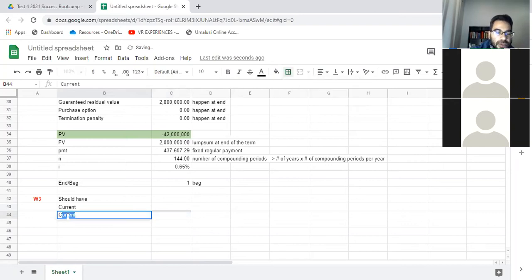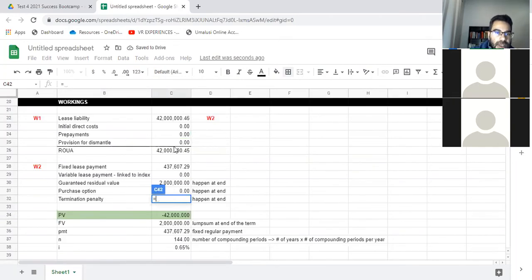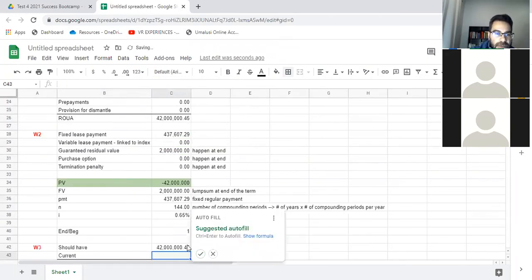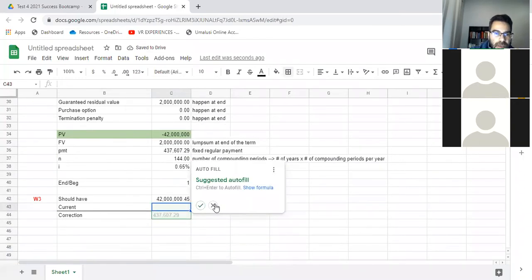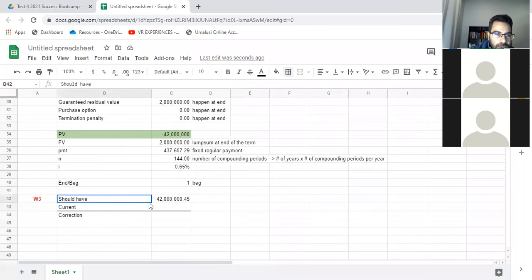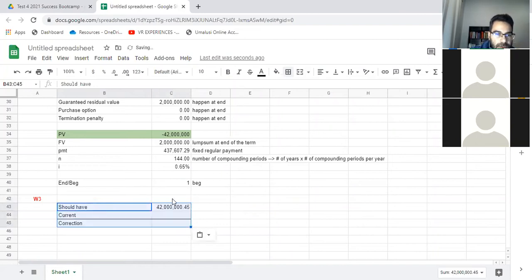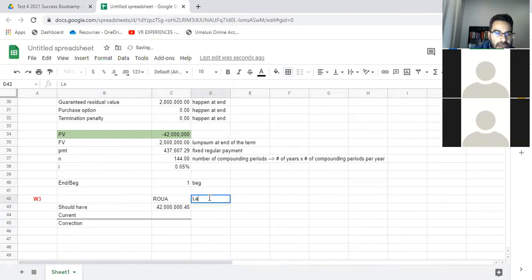It should have been 42 million for the right-of-use asset and also the lease liability.